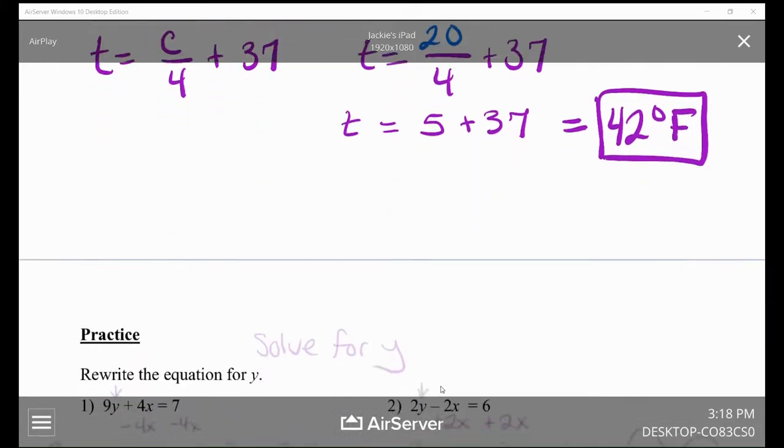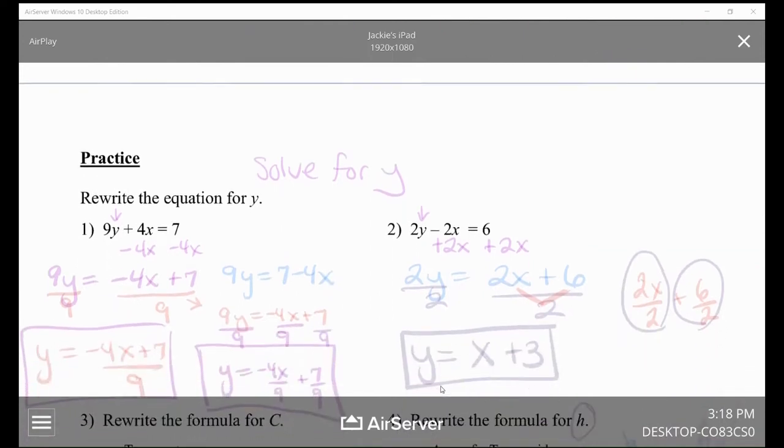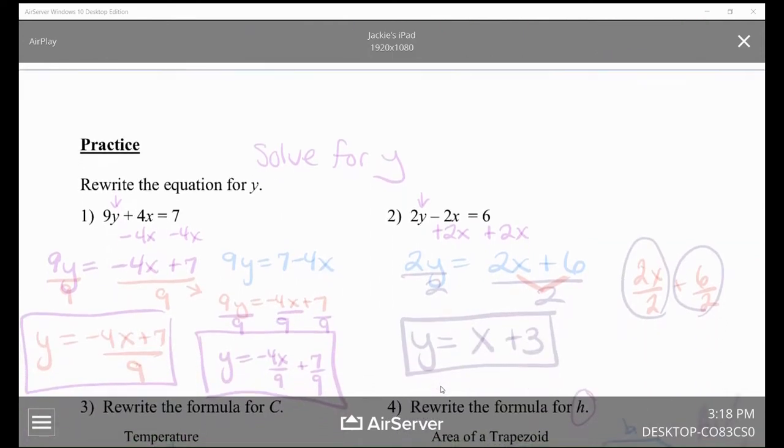Now let's do some practice problems. 1 and 2, we want to rewrite the equation for y. In other words, solve for y. For number 1, to solve for y, right now to the y term, we're adding 4x, so we want to subtract 4x from both sides.